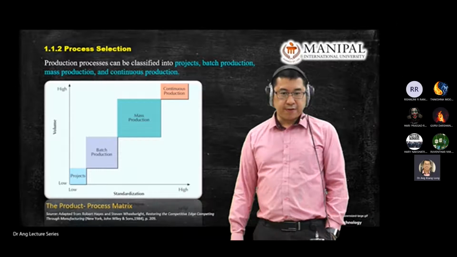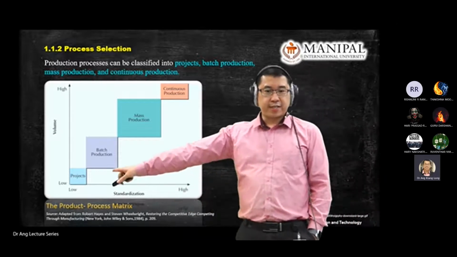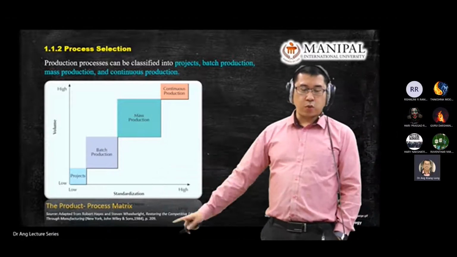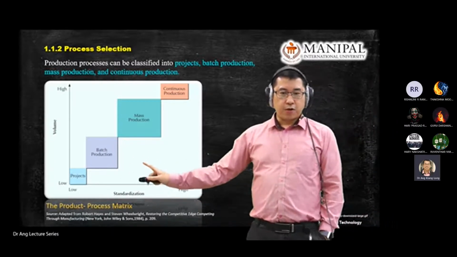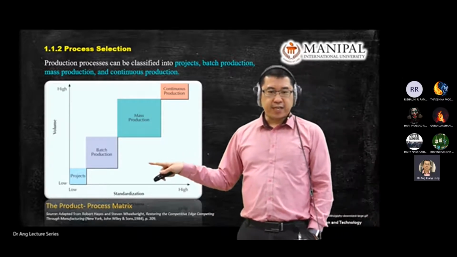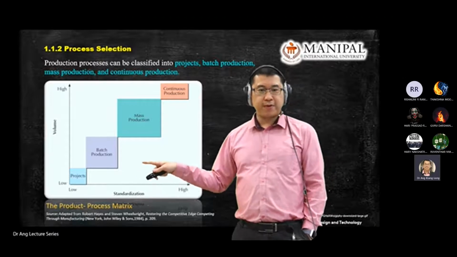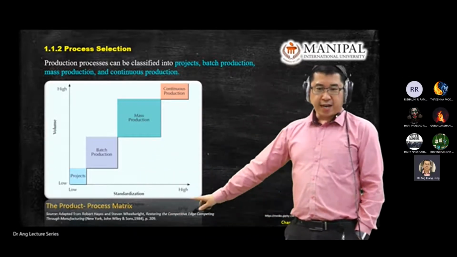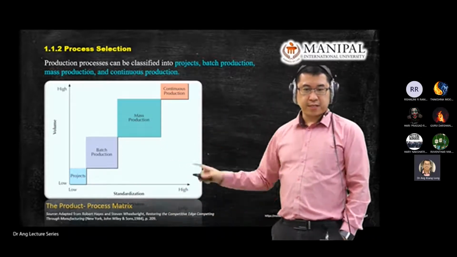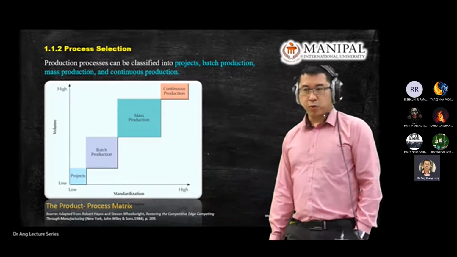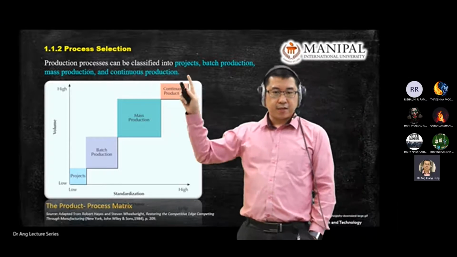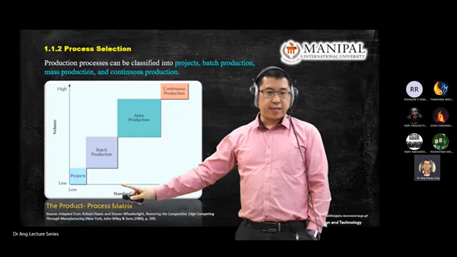So let's define projects. As you can see from the diagram, projects are both low and low. If you're producing a low volume, low quantity, and you need low standardization compared to other processes, then you fall under the projects definition.